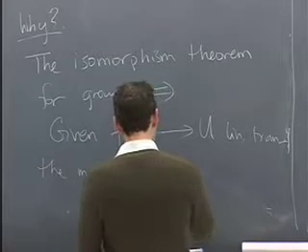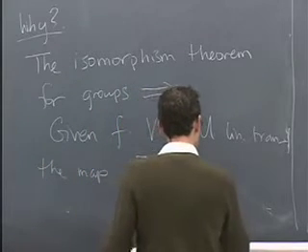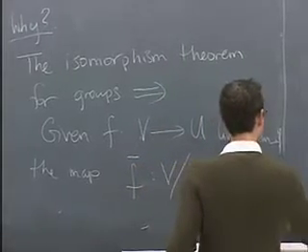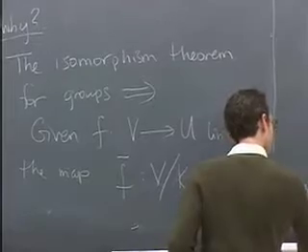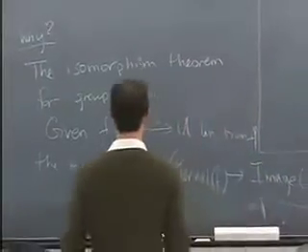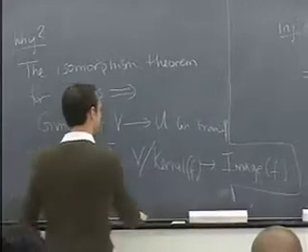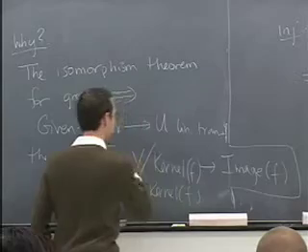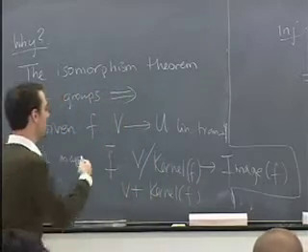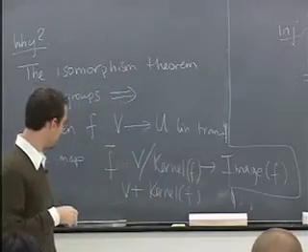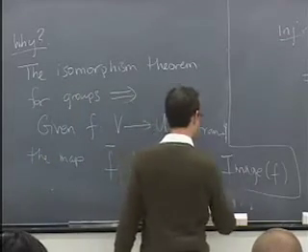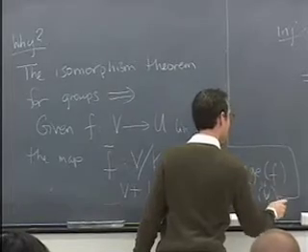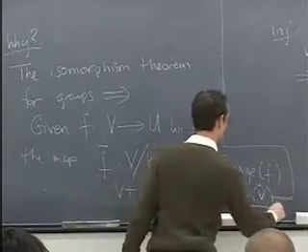The induced map from V modulo the kernel of F going to the image of F, where we take V plus the kernel of F. A typical element of V modulo some group is V plus that subgroup. So we take this and we map it to F of V, which is a well-defined element of the image subgroup, or in our case, subspace.